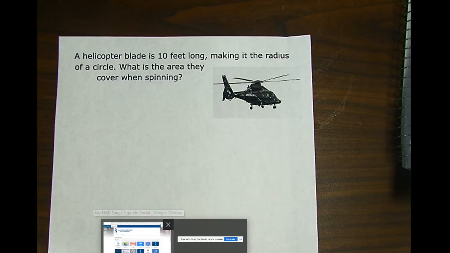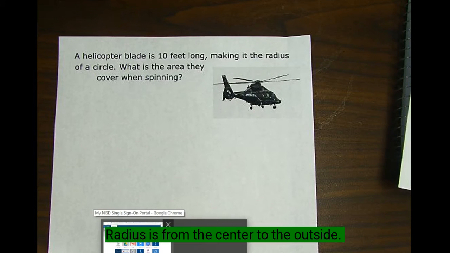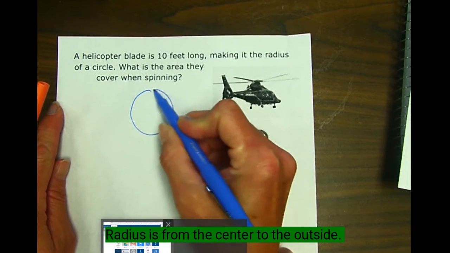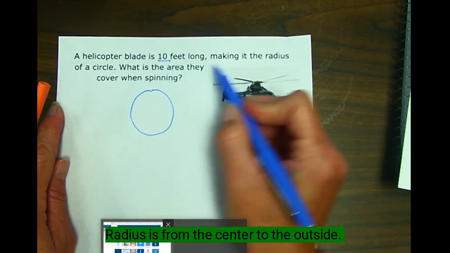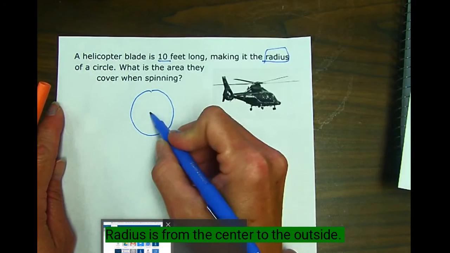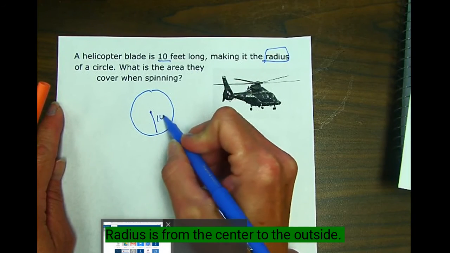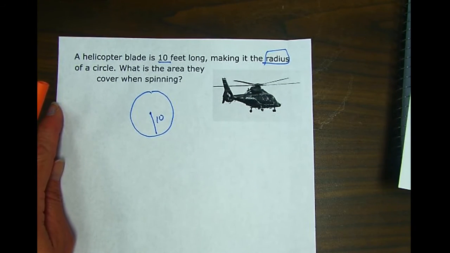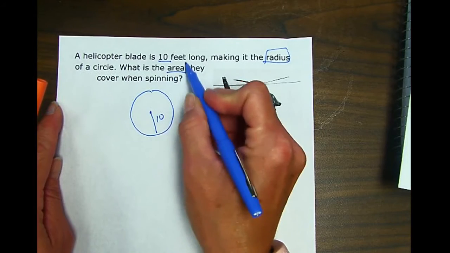Now we have a helicopter blade that is 10 feet long, making it the radius of a circle. What is the area they cover when spinning? So I'm picturing the blades make a circle, and it says that they're 10 feet and that it's the radius. And I know my radius is the short line, so 10. So there's my picture. The question is asking for the area.